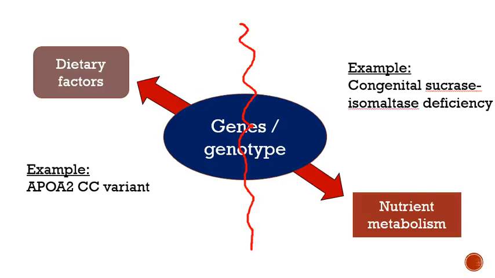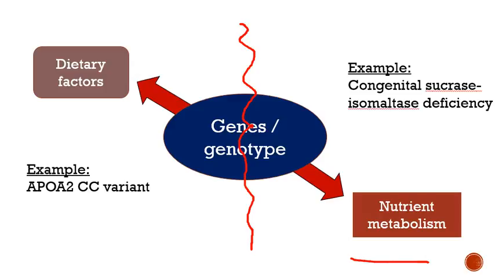And on the right side over here, we have what we would think about as nutrigenetics. One example I have listed here, and again, we're looking at how the gene in that individual person affects how some type of nutrient or food compound is metabolized.